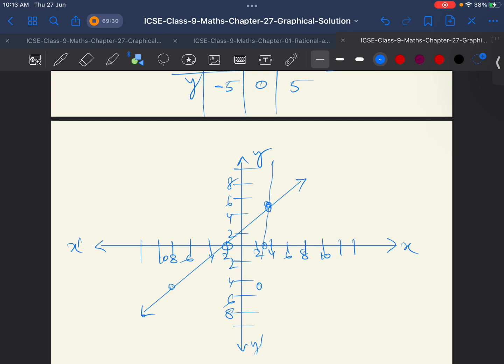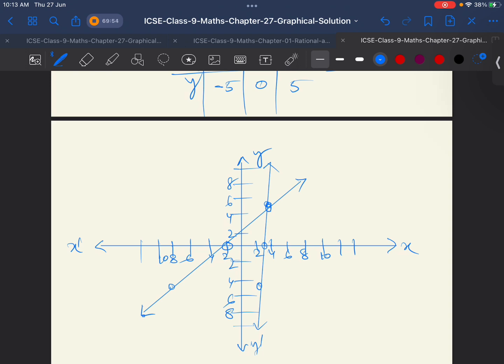So now we draw the line. So this is the line.